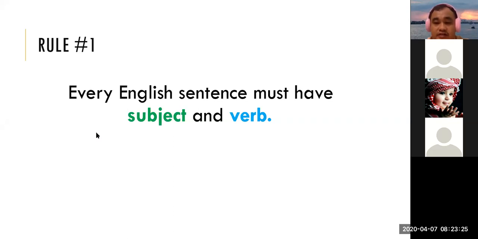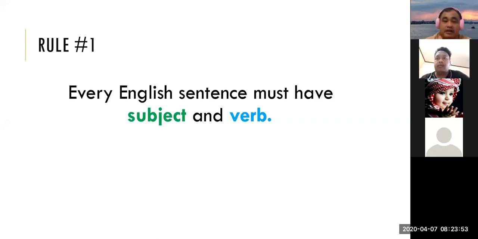Di dalam bahasa Indonesia, kalimat itu tidak selalu ada verbnya. For example, when we want to say, saya sedang sedih, there is only the subject, saya, and then sedih, an adjective. But in English, you cannot use that kind of sentence, so you have to say, I am sad. That's why we have to use a verb. That's the difference between English and Bahasa Indonesia.